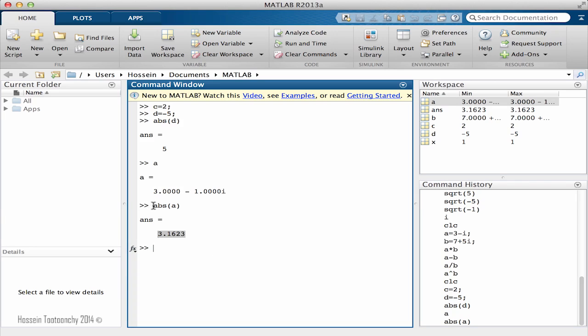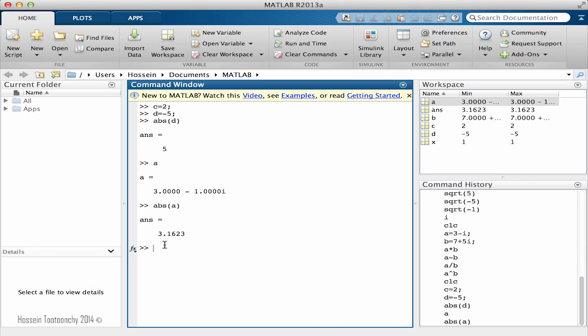It takes the real part and squares it, then takes the imaginary part and raises that to power 2 as well, and adds the squared parts together, and then takes the square root. So this one is 9 plus this one is 1, 9 plus 1 is 10. Then if you take the square root of 10, it's going to be this number. So from now on, we know that if we pass a complex number into the abs function, it's going to bring us the magnitude of that complex number.